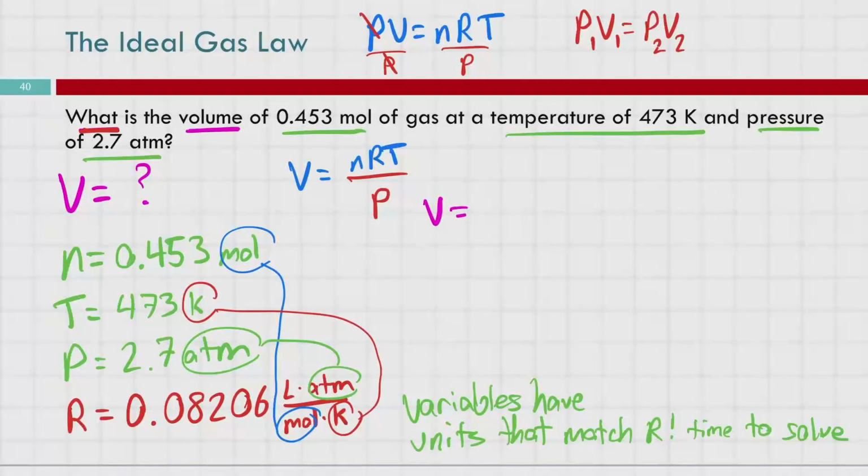So V equals N, 0.453 moles, times R. Lots of us hate writing our units out. I'm among those. I don't like writing my units out. I always write my units out because this is one of the areas where I'm trying to be a good example. So we are going to write all of our units out.